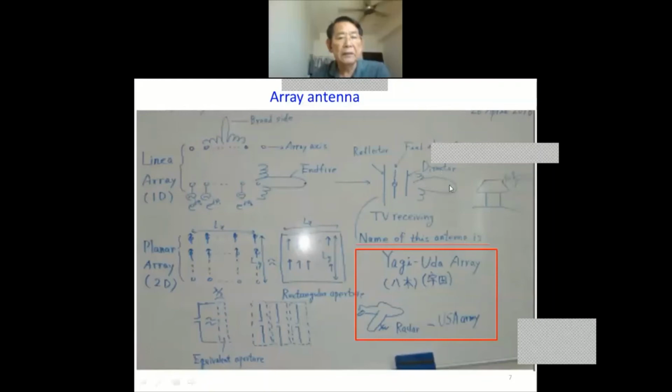The developers of this antenna are Yagi and Uda. They are Japanese researchers, so the developers' names are used for this array antenna. For this array antenna, there is a very famous story. In World War II, Japanese researchers Dr. Yagi and Uda developed this array antenna.